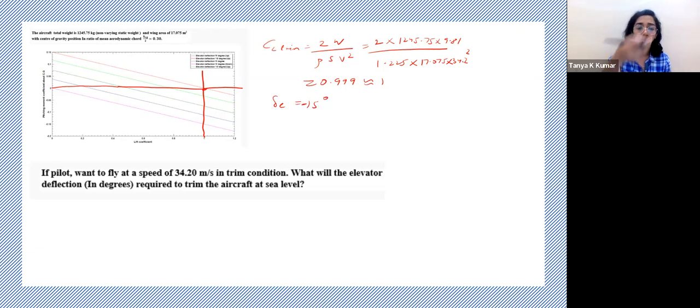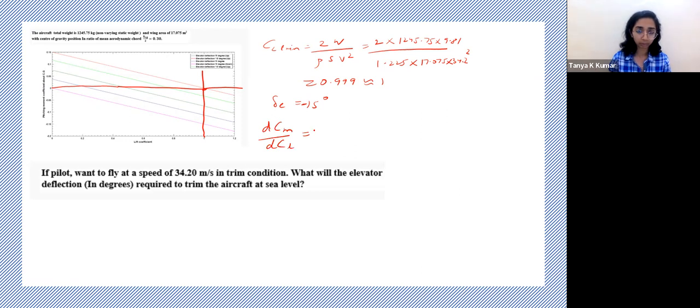Now, if you're unable to do this graphically, you can also try to find out the CM naught. So delta E deflection changes to CM naught. So you take those 2 points, that is at 0 CM and 0 CL, substitute it in the slope equation, find out CM naught. Then you can easily find out which line corresponds to which CM naught. So let's just do that. So if I take the slope, it is dCM on dCL. Take the 2 points where moment is 0, CL is 0.